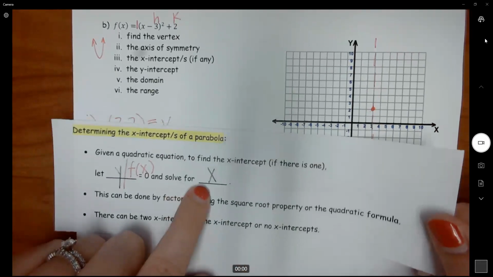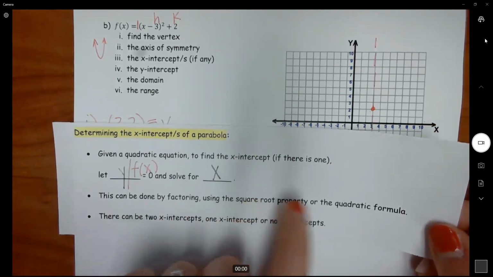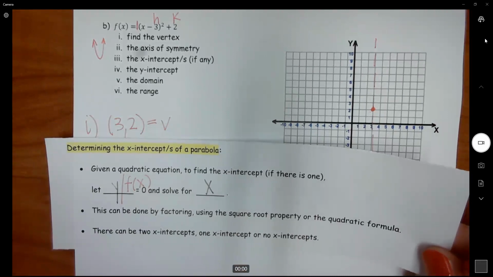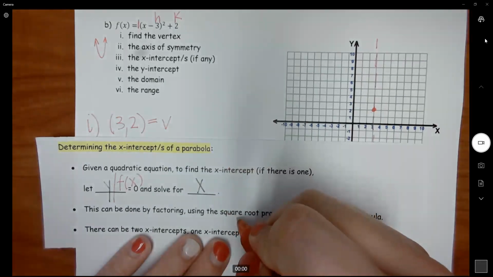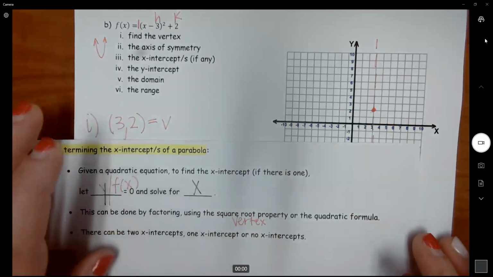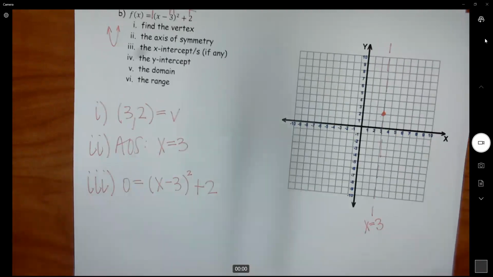We're going to solve this for x, either by factoring, square root property or method, or the quadratic formula. When this is in vertex form, you always want to use square root. Okay, so we will use the square root method again because we are in vertex form.